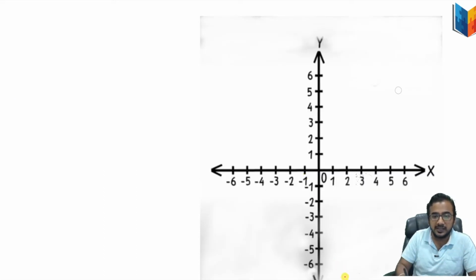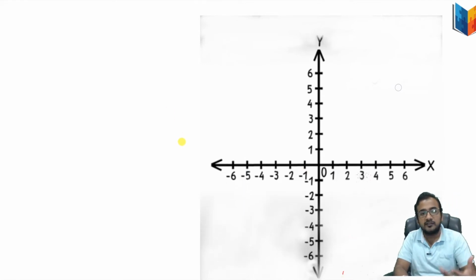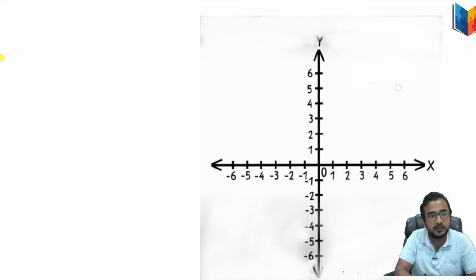So suppose we have a graphical representation. For that, because when we are doing a graph, it is very important that we take an example. So suppose we have x plus y is equal to 4, a very basic example.